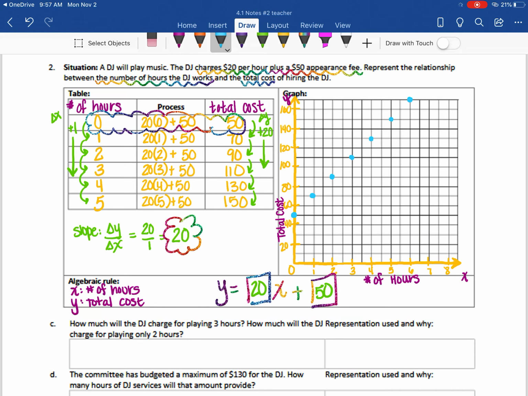I know if the DJ plays 3 hours, then the total cost is 110. Okay, so 3 hours costs $110. Okay, and I use the table because 3 hours was in the table.